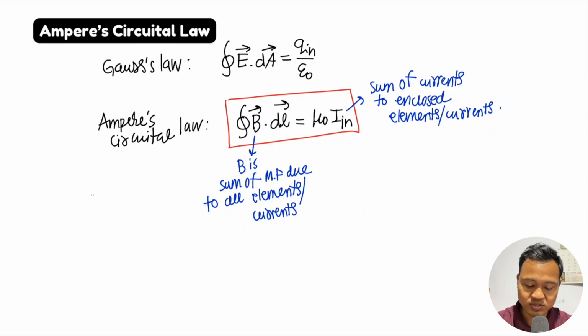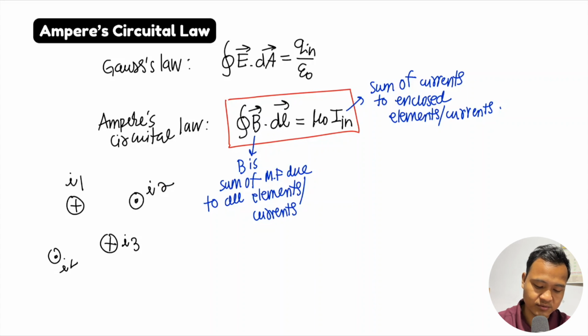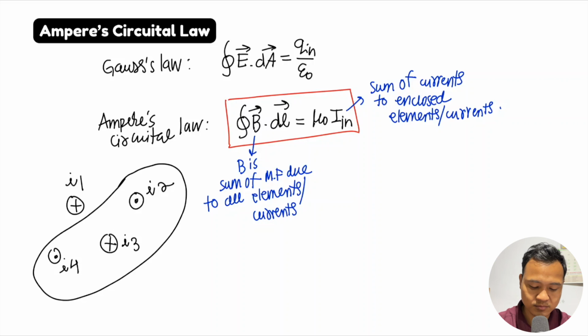With an example, suppose I have currents I1, I2, I3, and then let's say I4 there. Now I have one loop here.